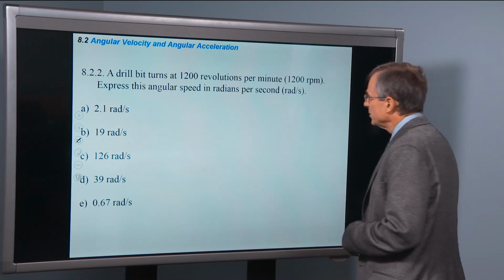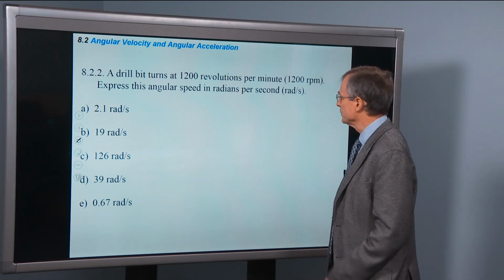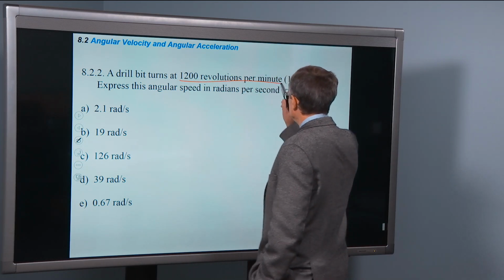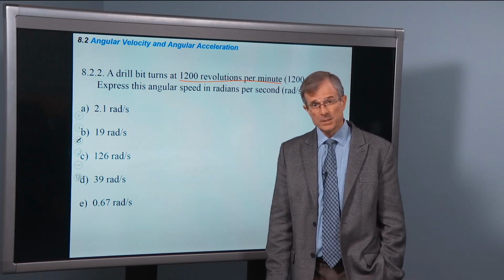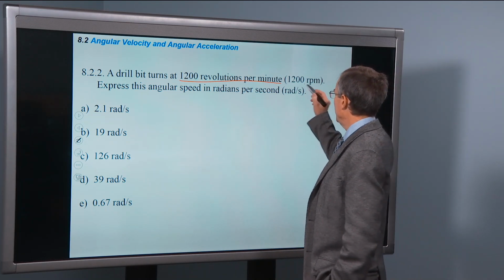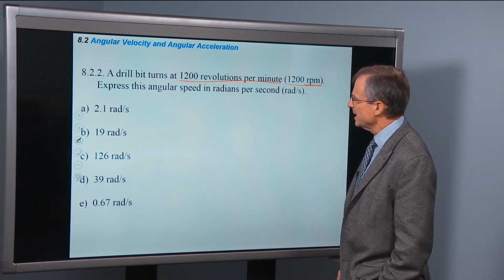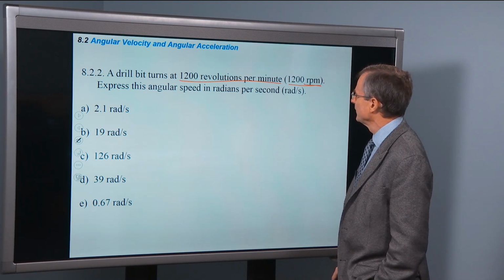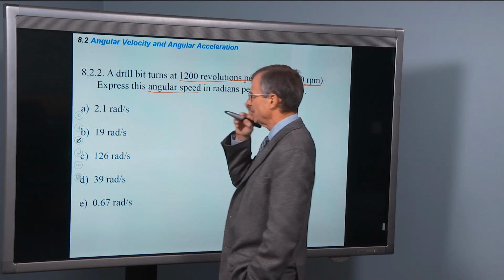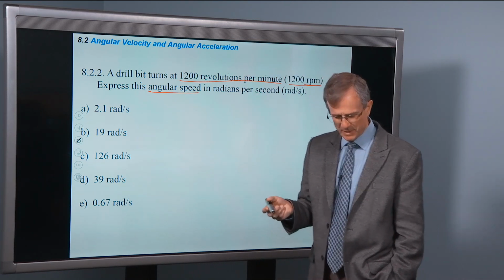All right, a drill bit turns at 1,200 revolutions per minute. This is one way to write an angular velocity, 1,200 revolutions per minute, or RPM. Express this angular speed. Angular speed is always going to be like regular speed that we use.